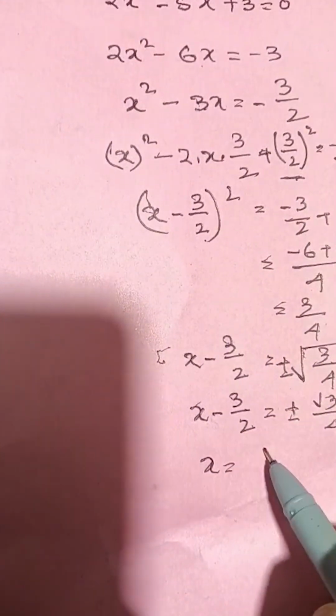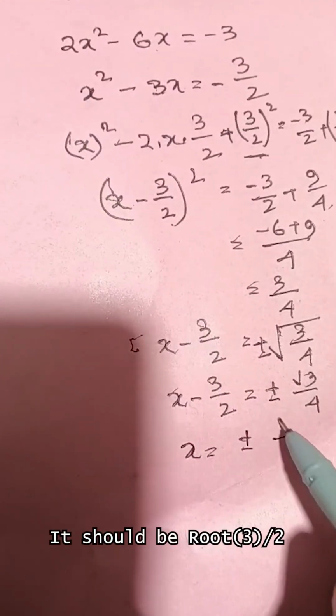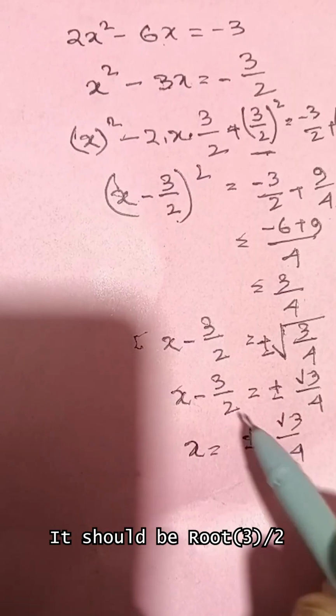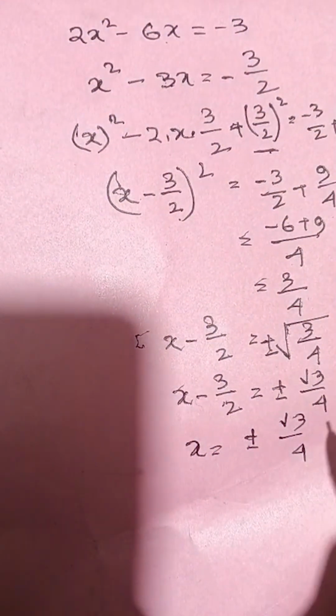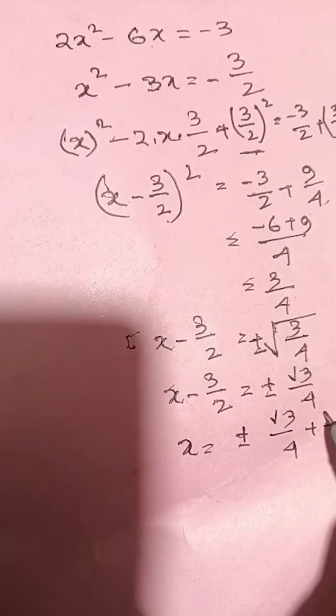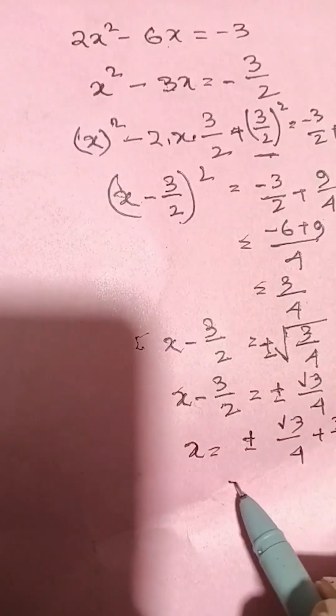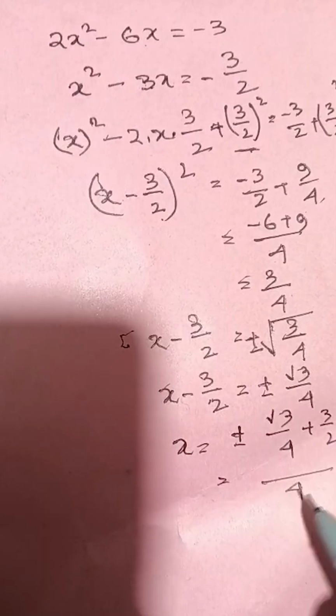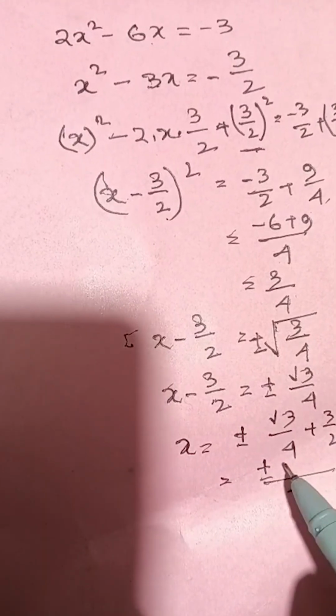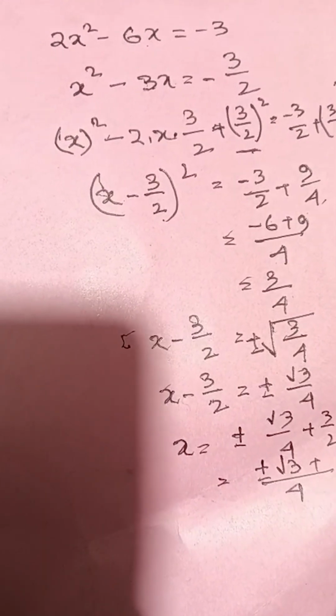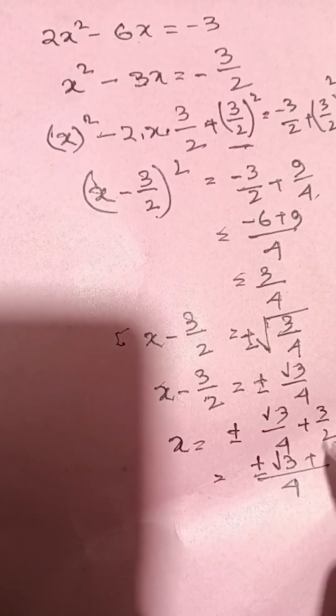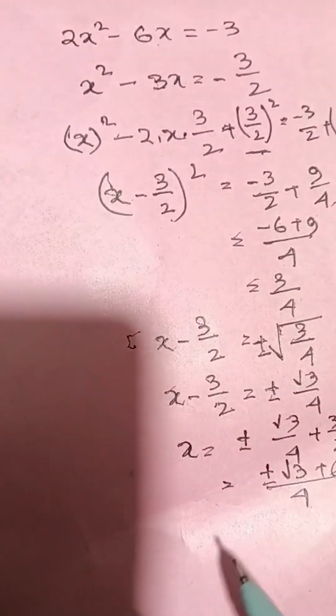Therefore, x equal to plus minus root 3 by 4, same as it is, and we want to take minus 3 by 2 to this side, so you write 3 by 2. Here now we can take LCM 4, it will be plus minus root 3, and 2 times 2 is 4, 2 times 3 is 6. So this is the answer.